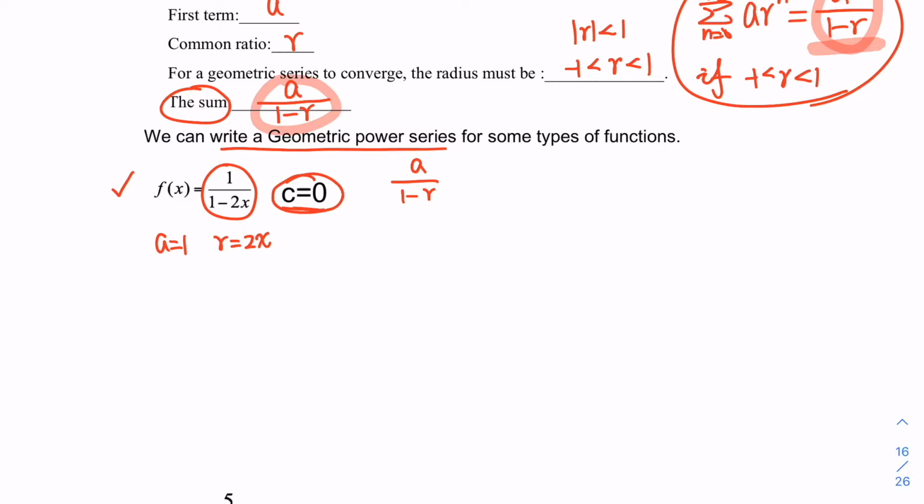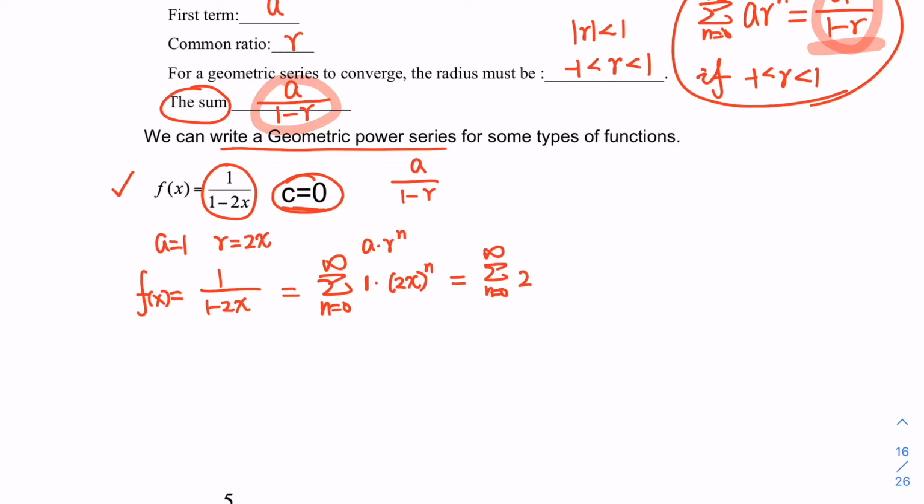So f of x equals 1 over 1 minus 2x will be the sum from n equals 0 to infinity of a times r to the n. a in this case is 1, r is 2x, so it is the sum of 2 to the n times x to the n.